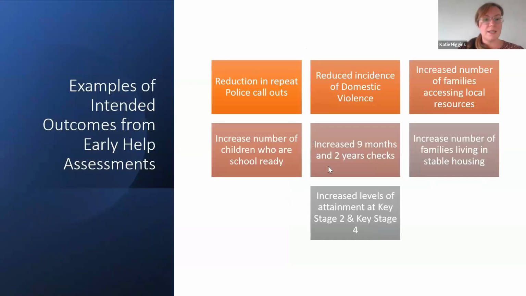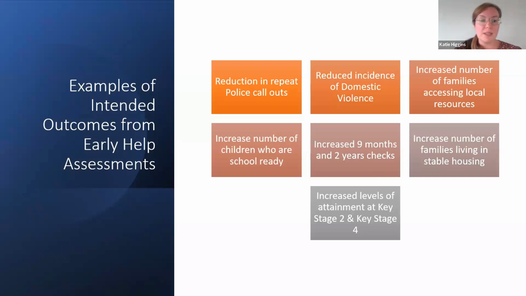Now, intended outcomes from an early help assessment are what they feel that it can help with, things like an increased number of children who are school ready. This is a real problem. Often we get children who are 4 and 5, they start reception, and particularly if they're in households where families are struggling and they're not school ready, it may be that their speech is poor, they're not potty trained, they use a dummy, they have tantrums and outbursts, things like that.